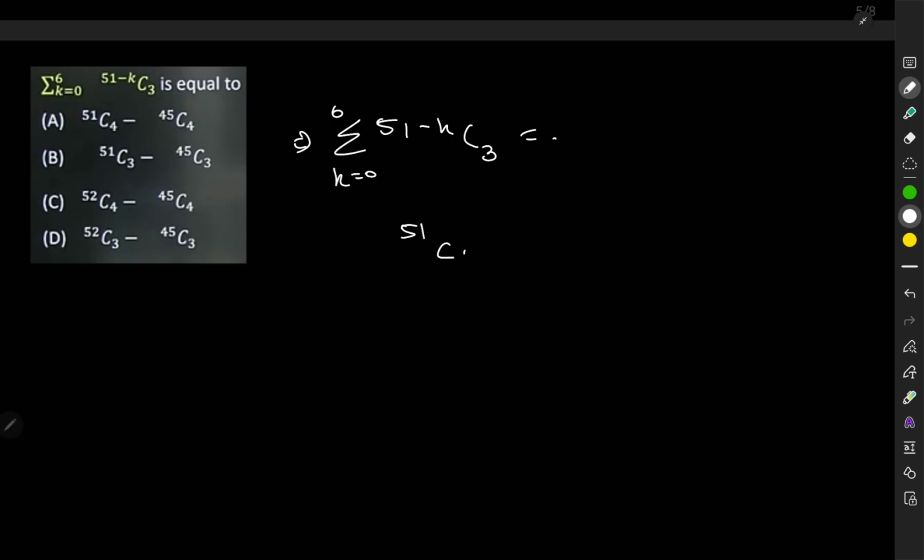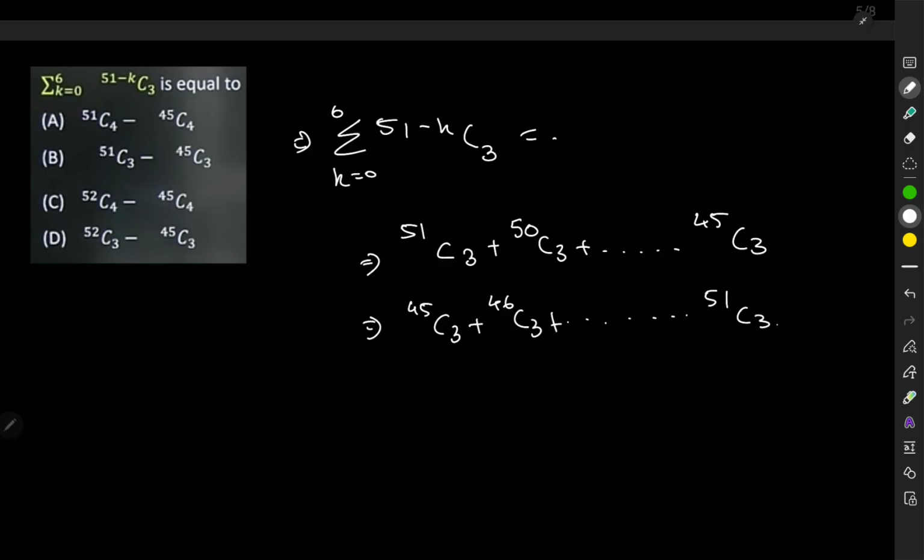We'll get 3 plus 50C3 plus dot dot dot till 45C3, right? At the same step, take it backwards, 45C3 plus 46C3 plus dot dot dot till 51C3, right?